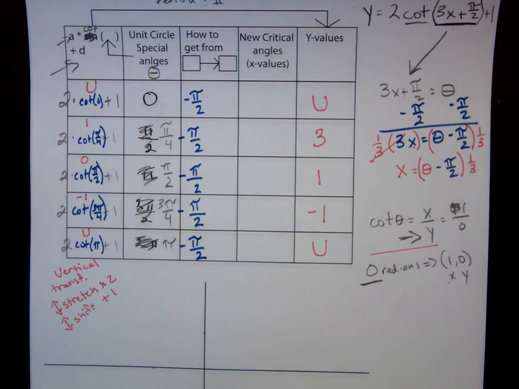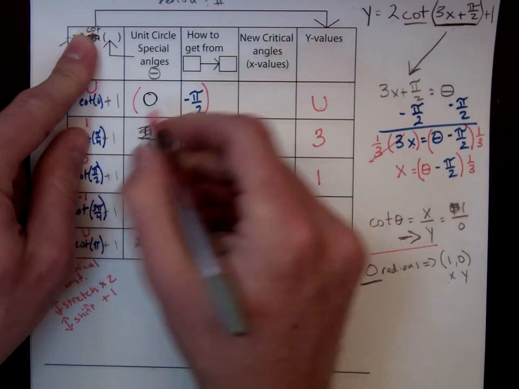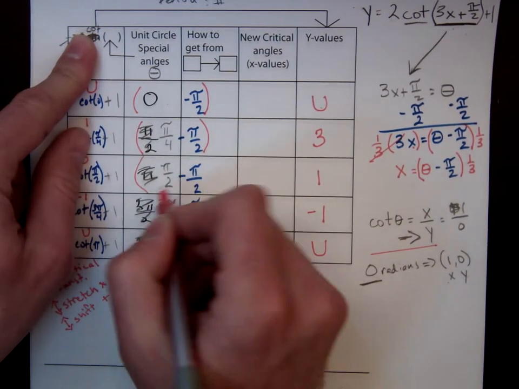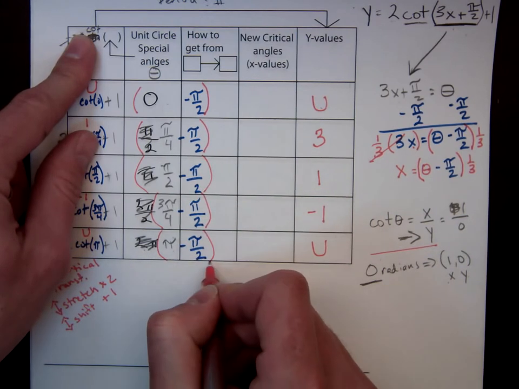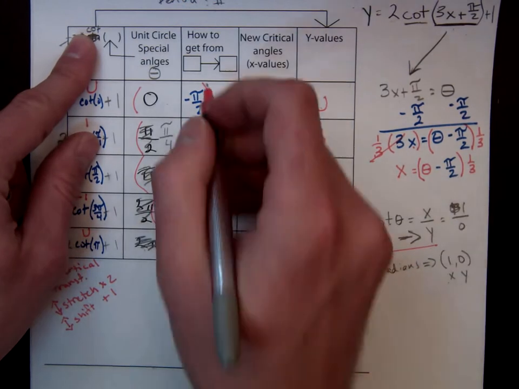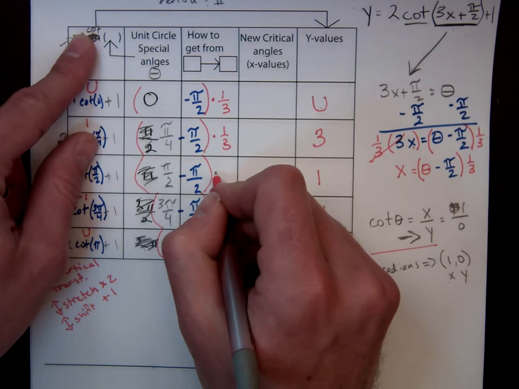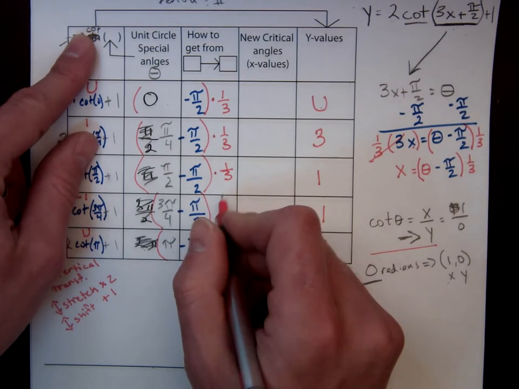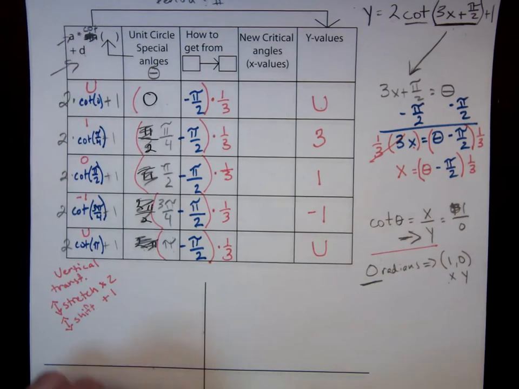Okay. And then with all of these, after we subtract this out, we're going to multiply the entire thing by 1/3. And what that's doing is making our period 1/3 the length as it normally is.